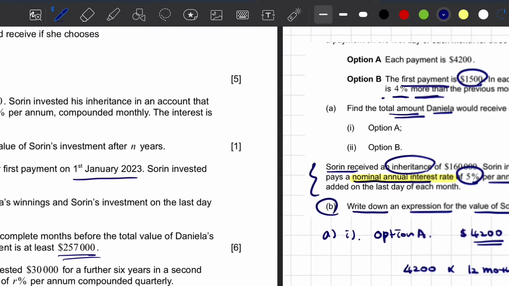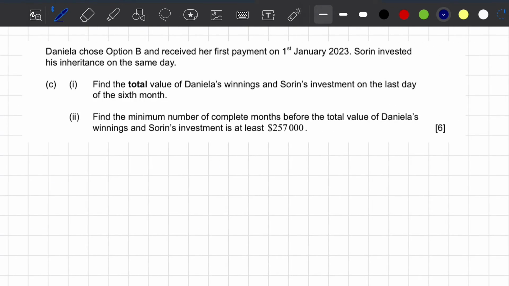Okay, so for CI, we first have to calculate Daniela's winnings, right? From the previous question, we know that Daniela's winnings can be calculated using the sum of the geometric sequence formula.